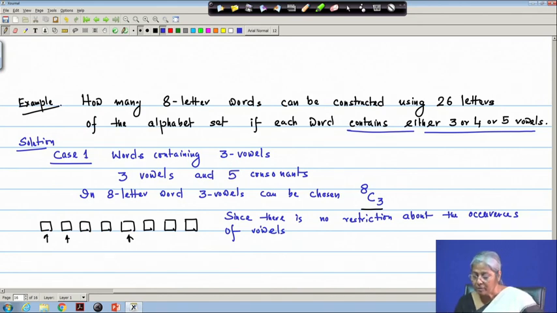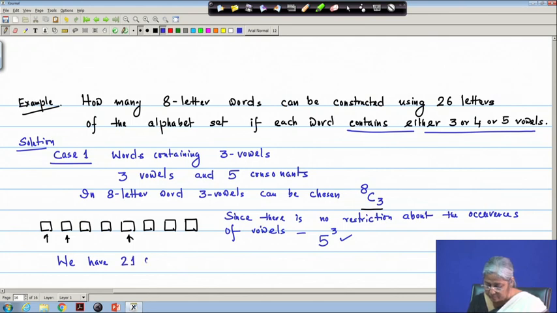There are 5 vowels, so I can have 5 to the power 3, because I have 3 vowels and there are 5 different vowels. Then for the remaining 5 places, we have 21 consonants, and there are 5 places for them.